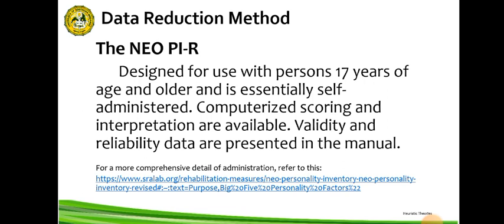Nowadays, it is administered through computers. Now, this assessment is not free, it is costly. In the US, it costs $68 per assessment, and administration may last about 30 to 40 minutes. For a better view of this method, you can browse the link that I have presented below.